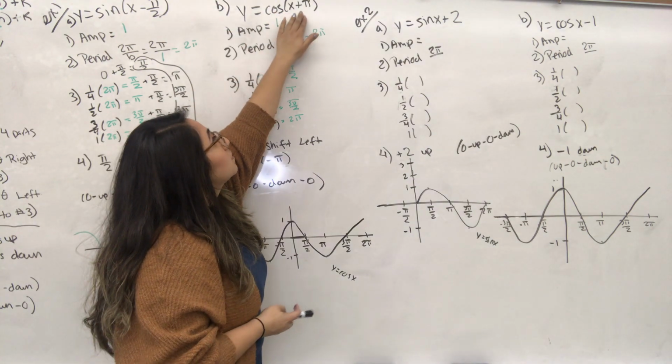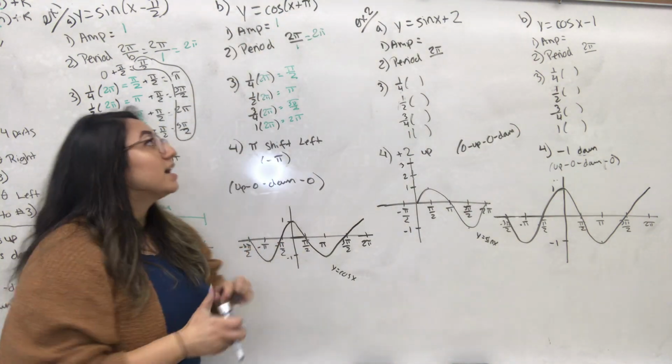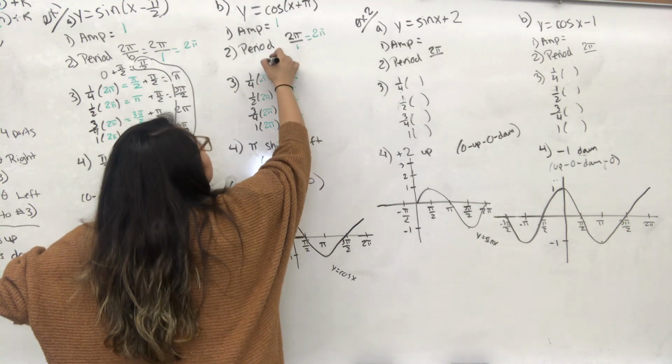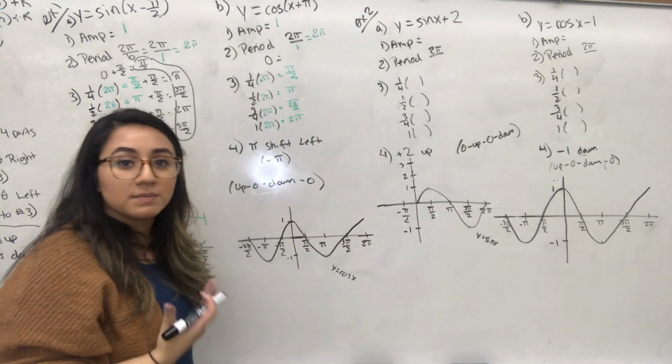If you see here, it's x plus π radians. Think of subtracting π radians from each one. Remember, you always start at 0, so I'm going to include that 0 there.